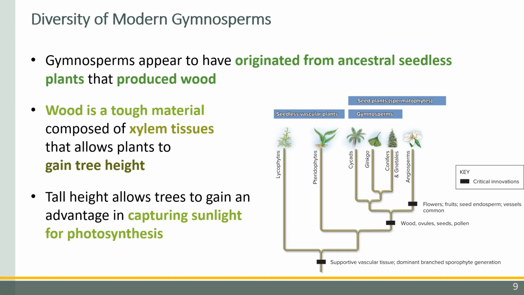One of the defining features of our seed plants is the presence of wood. So it appears that gymnosperms have an ancestor in the seedless plants that produced wood. Wood is a special material that, in addition to the vascular system, is going to give plants a really strong, sturdy tissue.